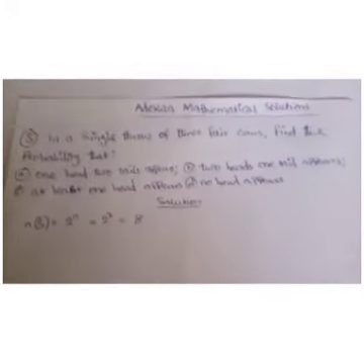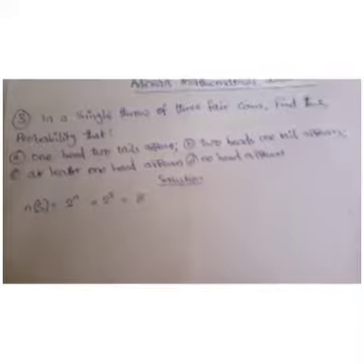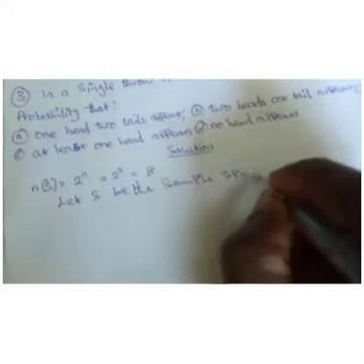And since it's been thrown 3 times, our sample space will be 2 raised to the power of 3, and 2 raised to the power of 3 is equals to 8. So this will help you to generate the sample space correctly. So without taking much of your time, let S be the sample space.